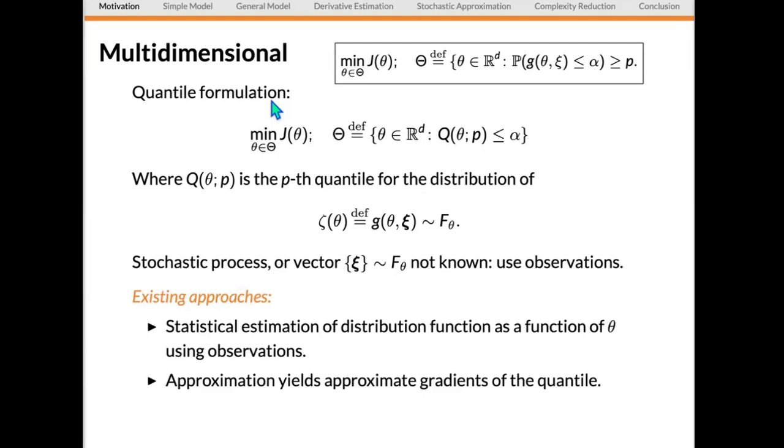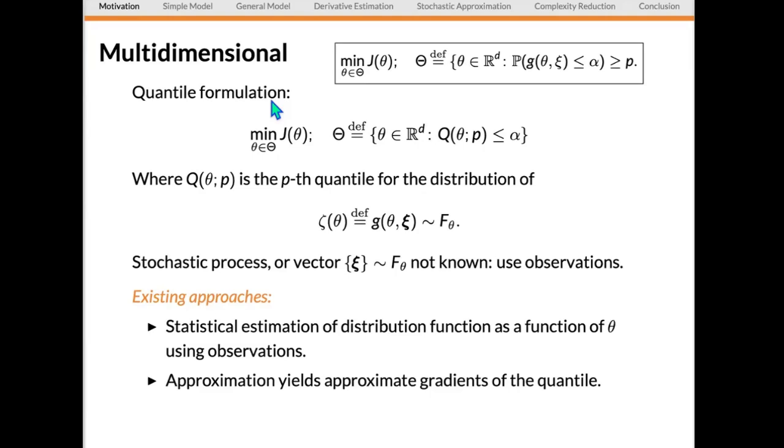So when we define this random variable, it is well defined, even if C is a vector, with a distribution that is in one dimension. So in this case, the problem becomes the quantile as the constraint function. And of course, again we don't know the distribution F sub theta of this random variable, so we need to estimate that.